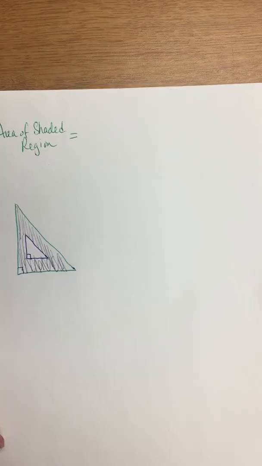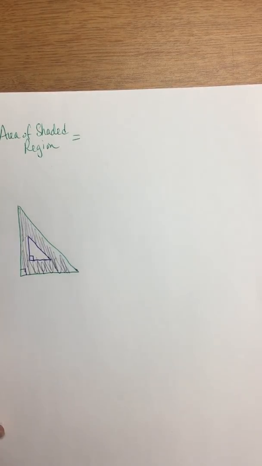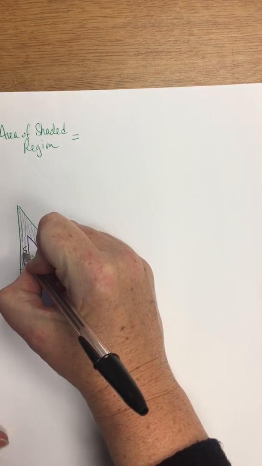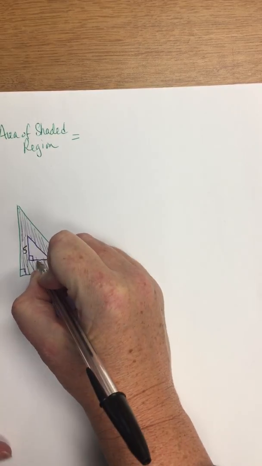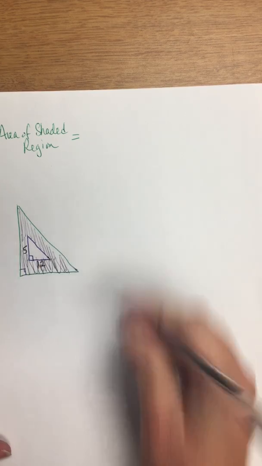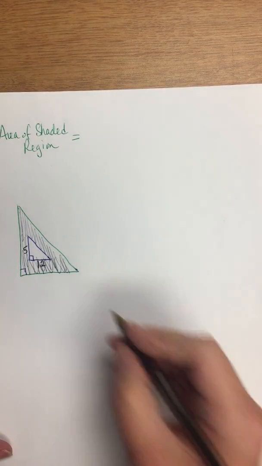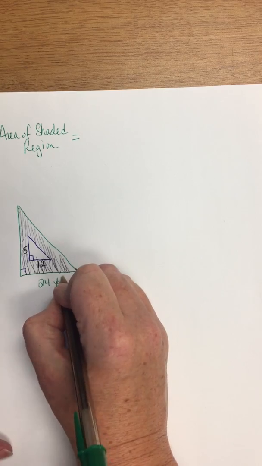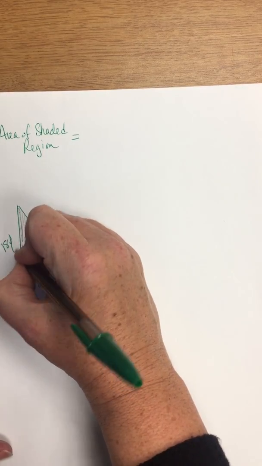How are you going to do that? Well, let's say you're given that this side is 5 of the little triangle, and this side is 12. And the big triangle, this is 24 feet, and this is 18 feet.